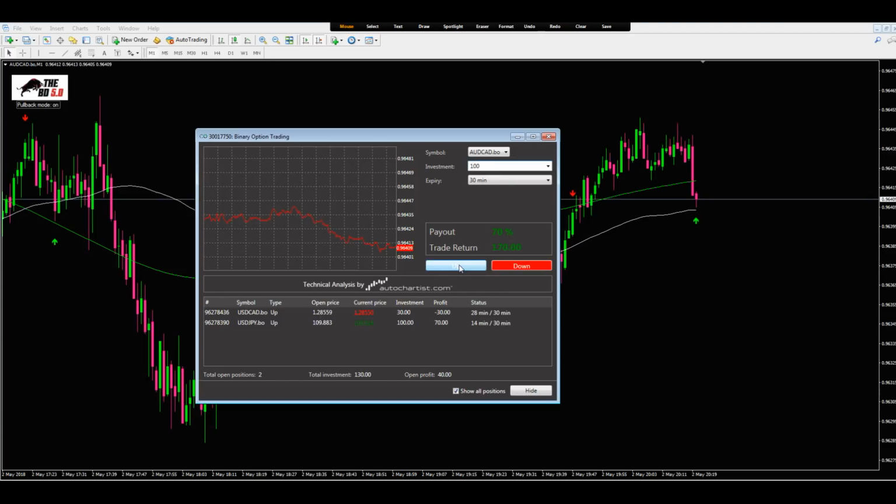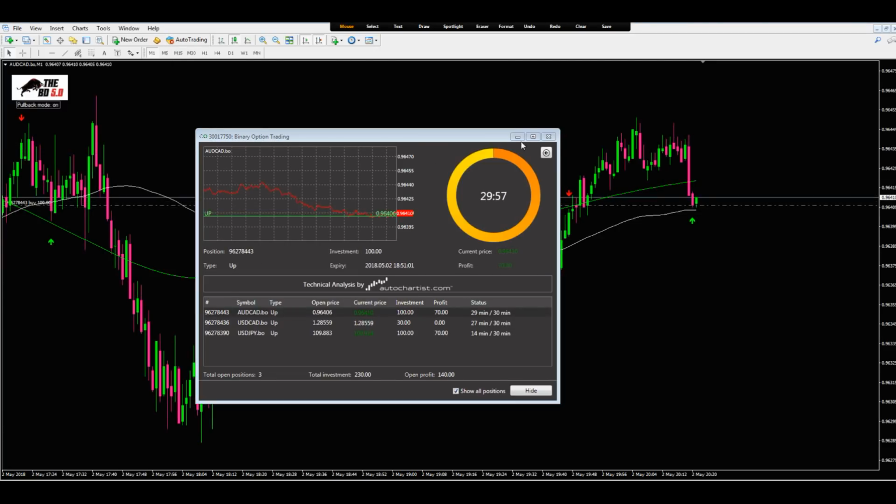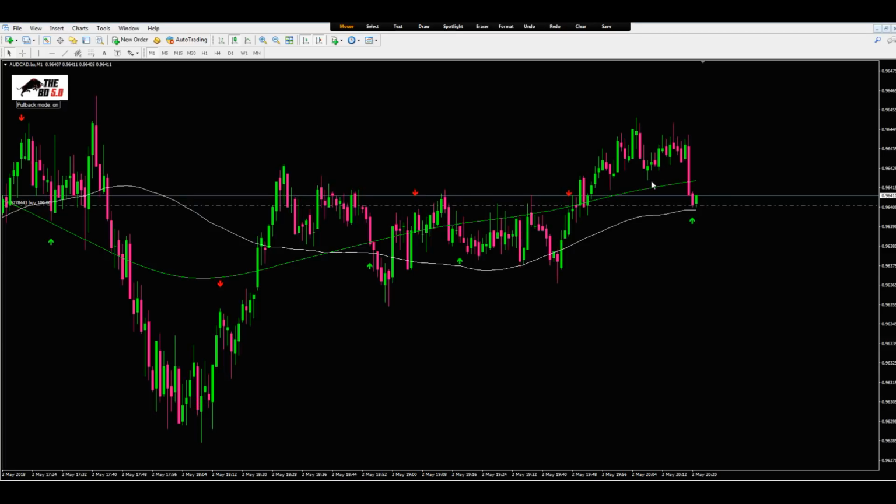This is a nice perfect setup because we've got a candle with a signal arrow and it's right smack bang in the middle. Wait for the candle to close, wait for me to get a notification, and I'll jump into a trade. There we go, win. So again, this for me is a much better trade.